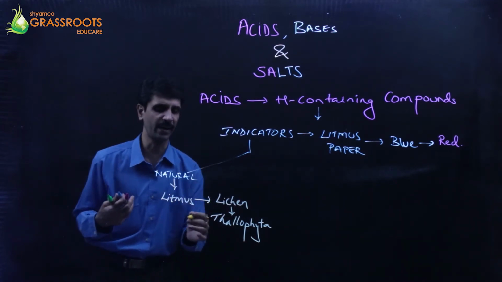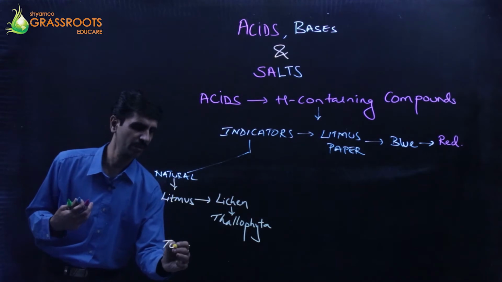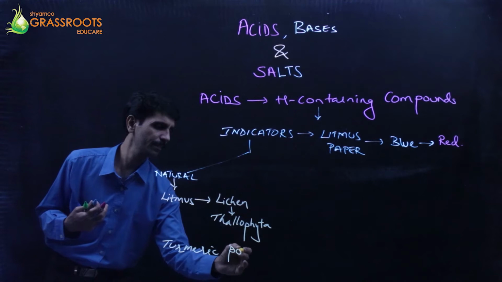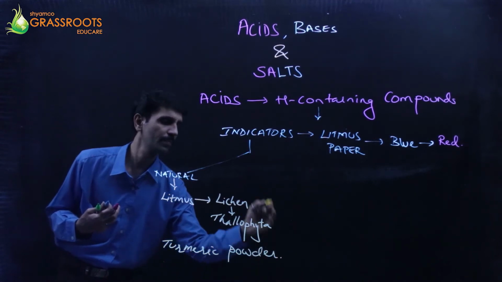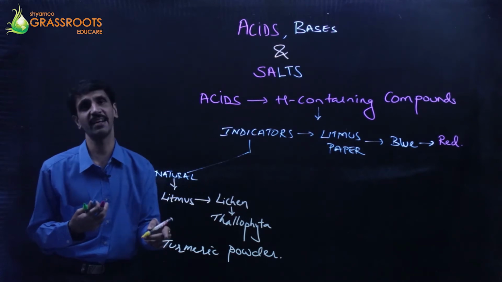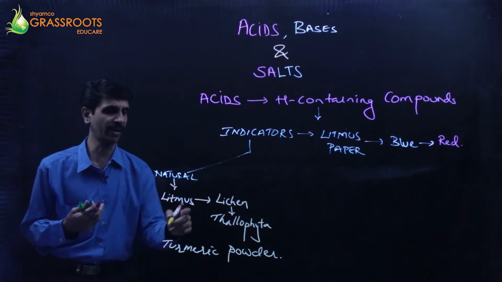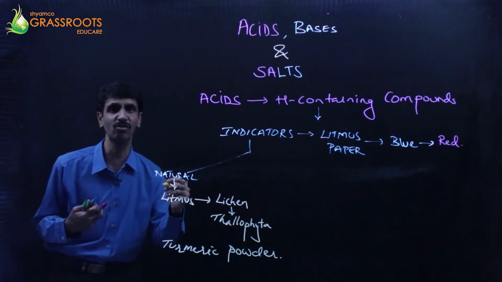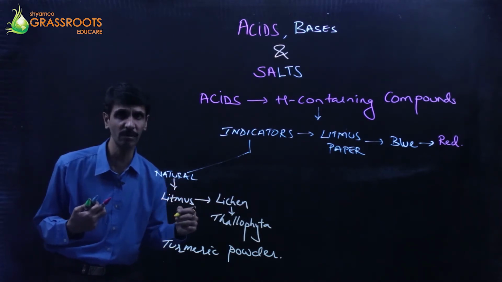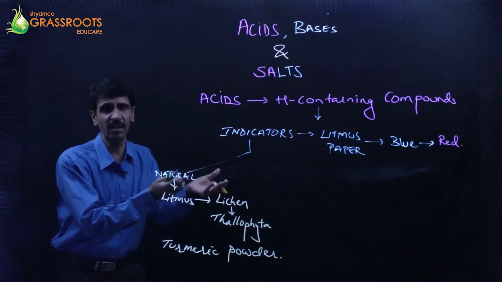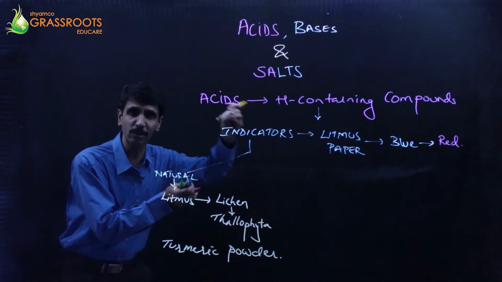The next one, the most natural one that everybody uses, is turmeric powder. When you talk about turmeric powder, once again it's a natural one. You must have seen that if there is a stain on your clothes, obviously that stain is because of some pulses or spices.